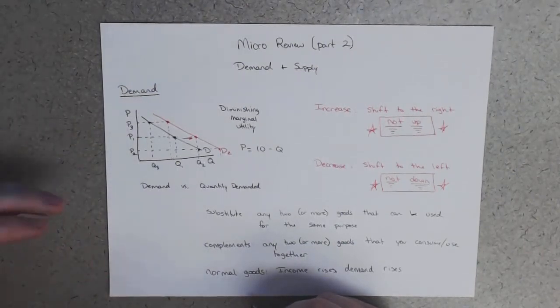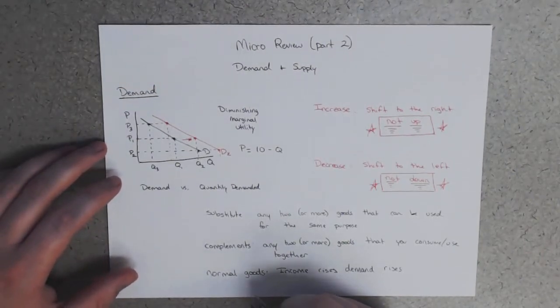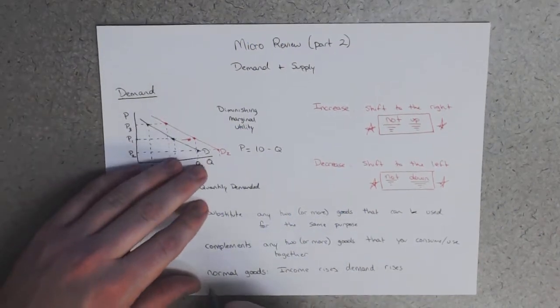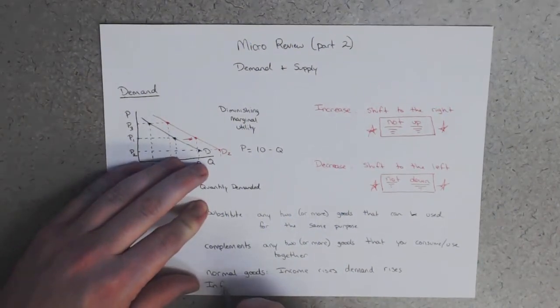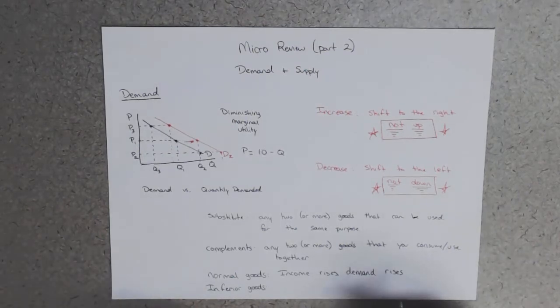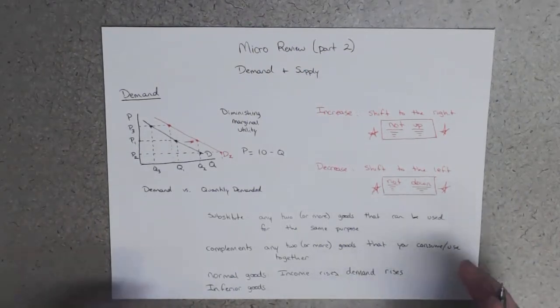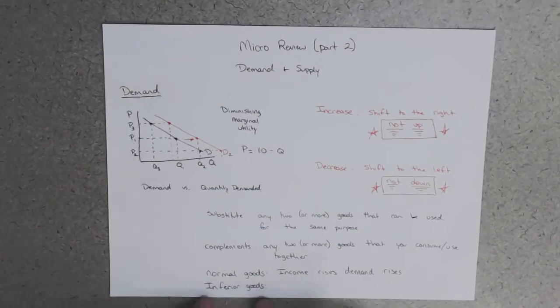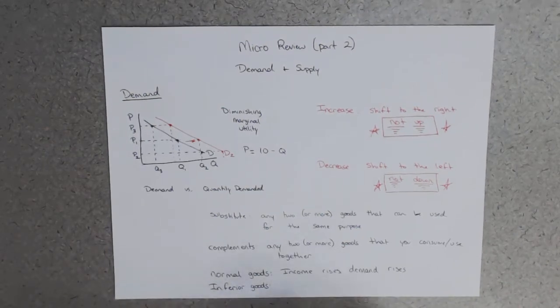Ramen noodles are sort of the classic example. And we call these things inferior goods, which I know sounds like I'm judging them and saying that they are lower quality or something like that. Typically they are lower quality, but the phrase is not meant to connote anything about their quality at all.